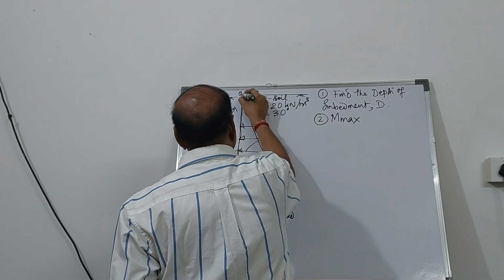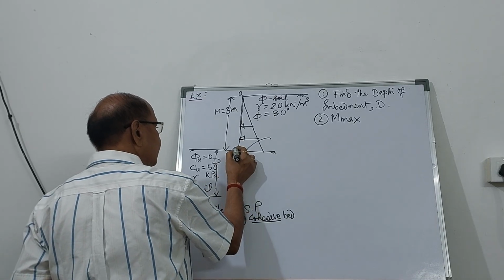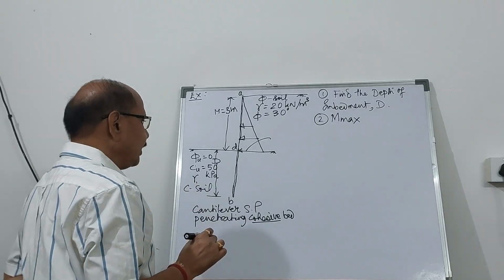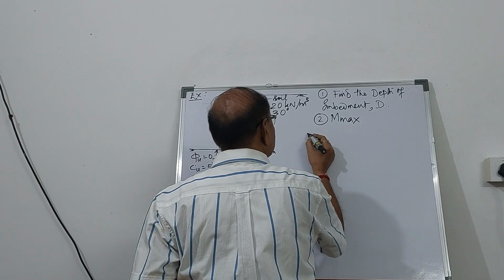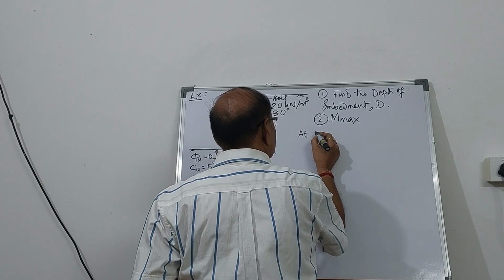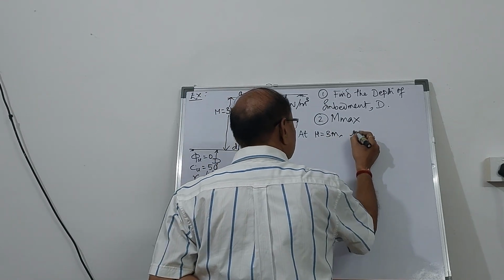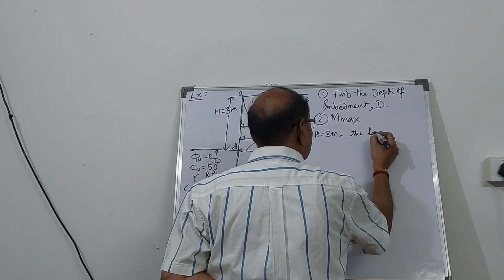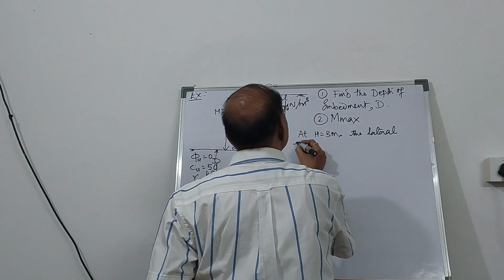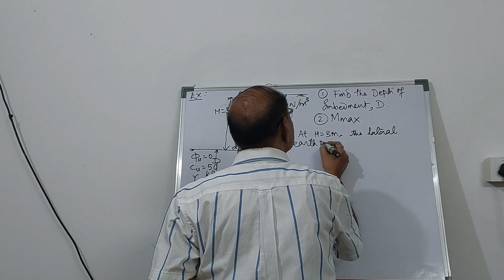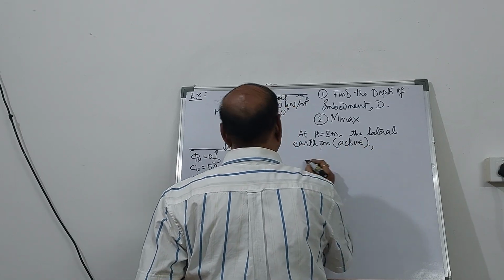If I call this point as A, the bottommost point as B, and this point at the dredge line as D, then at h equal to 3 meter, the lateral earth pressure, which is going to be active, can be found out.